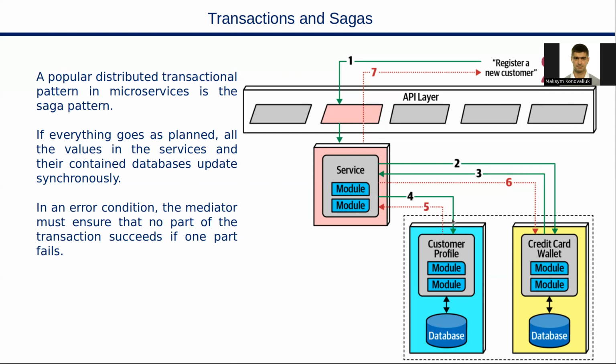Then we make a request to the next service, and it fails. This service will be notified that the functionality was not implemented correctly. Then it should go to the previous credit card service and trigger the functionality to roll back everything that was made, to make the data consistent between services, because we have separate databases. Only after that do we report to the user that something went wrong.